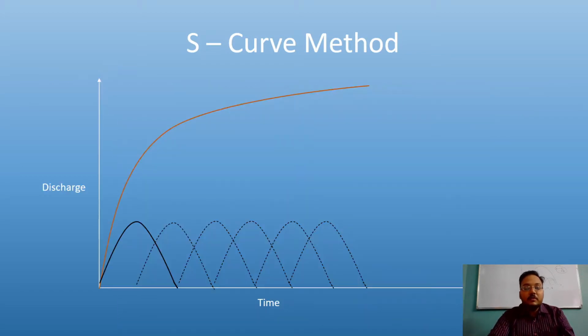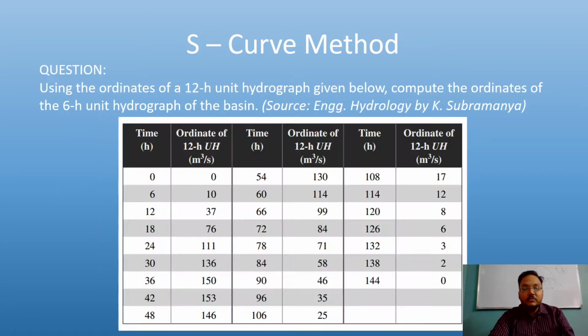To study this S-curve method, let us first go on to this numerical which is given over here. We will be solving this numerical right now to understand what an S-curve is, how we construct an S-curve, and how it is used for such problems.